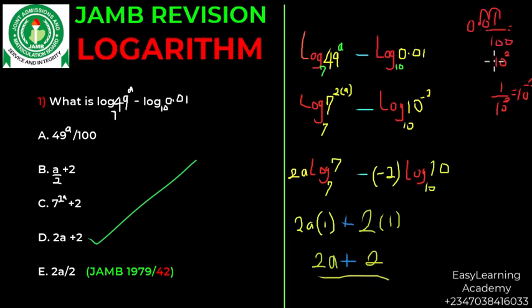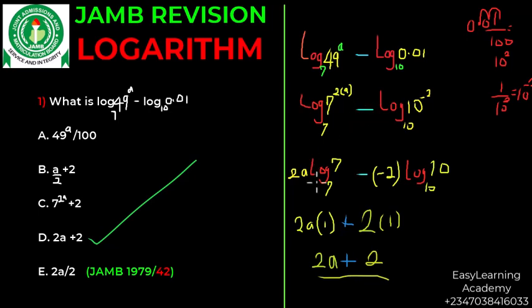To replace the 100, because you have a base 10 here, we multiply 10 times 10, so that's 10 raised to the power 2. So 1 over 10 raised to the power 2 is the same as 10 raised to the power minus 2. And from the law of indices, the powers come behind the log to multiply everything.